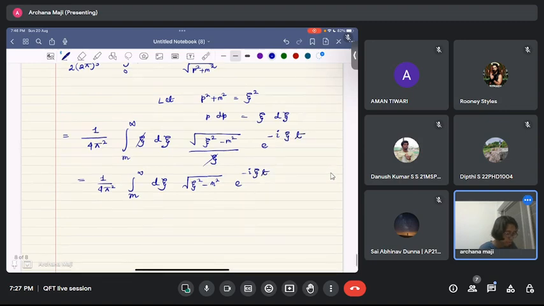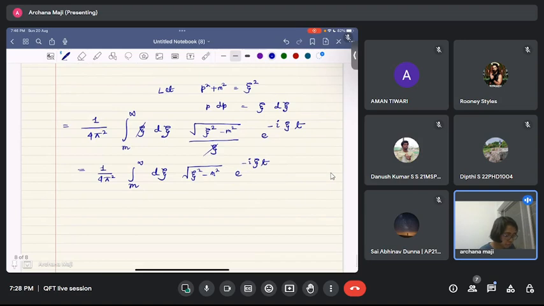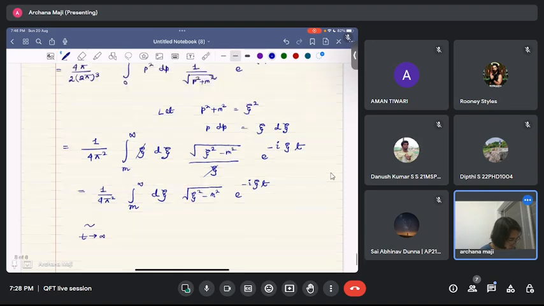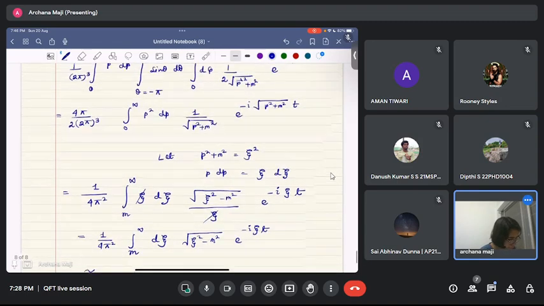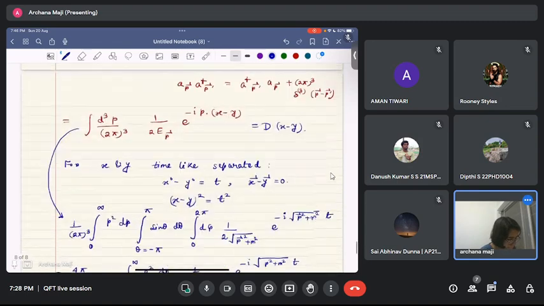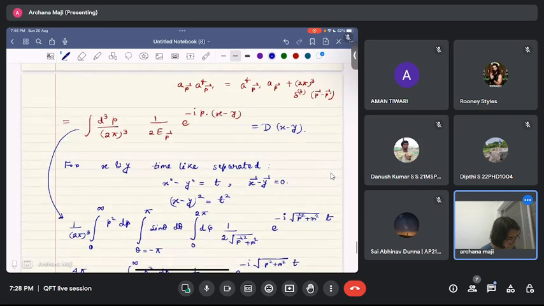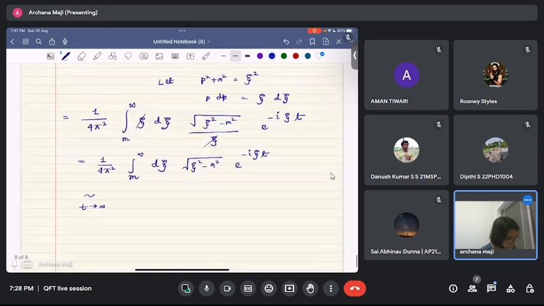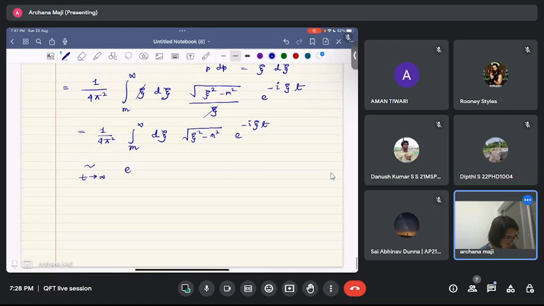So we are not going to evaluate this explicitly, but we just wanted to say that in the t tending to infinity limit, for example, this integration will decay as exponential of minus i m t.